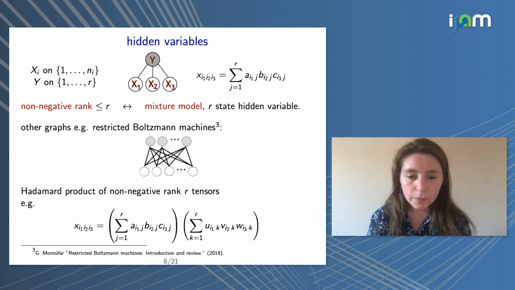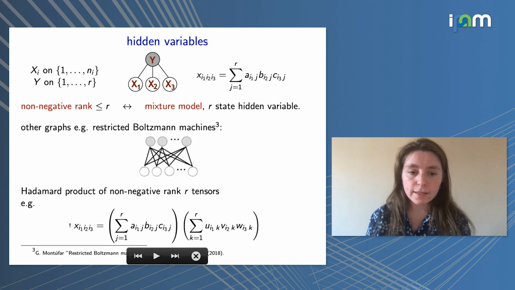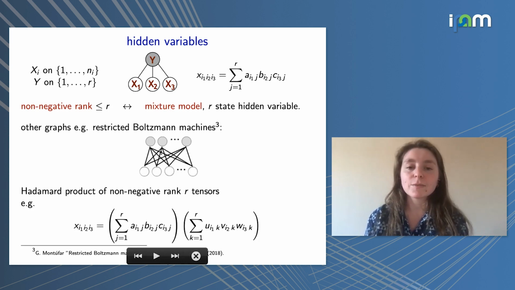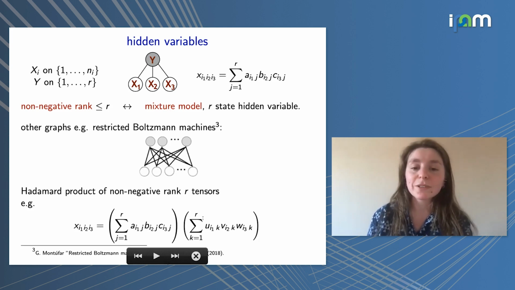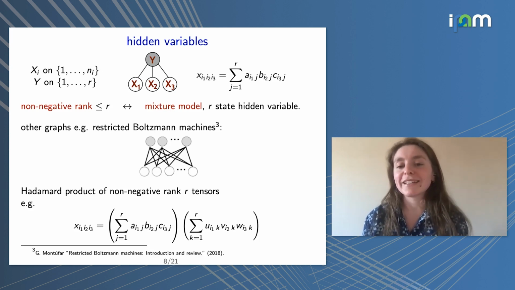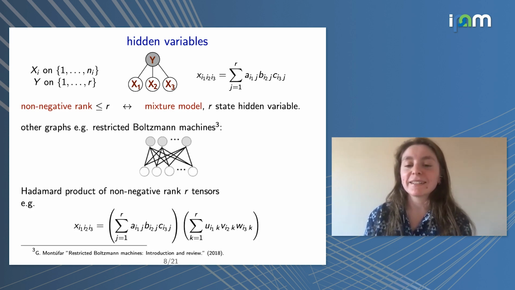So for example, this is if you have 3 observed states, so this is an order 3 tensor, and 2 hidden states. If we just consider this block here, then we'd get this Hadamard product of 2 order 3 tensors, each having non-negative rank at most R.